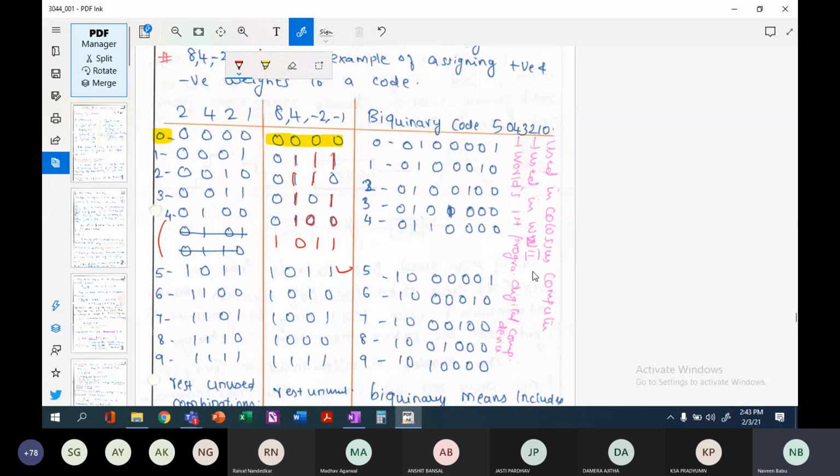So this is a weighted code, obviously. So 0 corresponds to, you have two 0 positions here. You have two 0 positions, 0 here and 0 here. So hence it is 1 here and 1 here. 1 corresponds to there is only 1 here, and obviously there will always be a pattern.